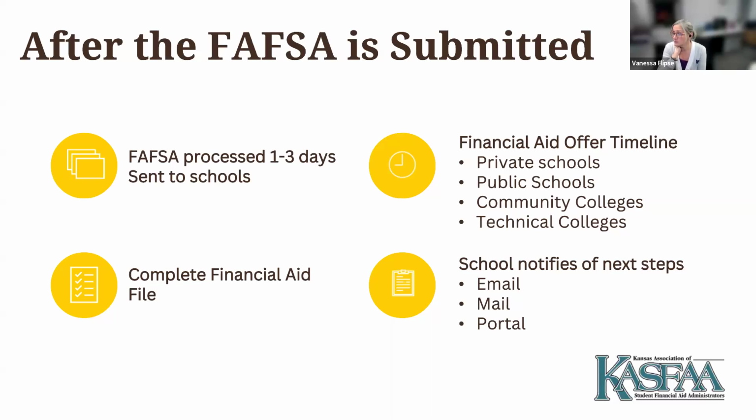So they may reach out to you in several different ways. They might email you, they may send you a letter. Sometimes they will send you both. And sometimes you will have this information in your school portal. So make sure you're looking for all of those types of notifications from the school.